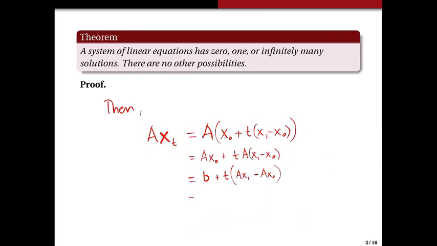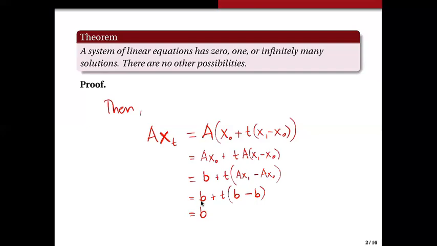But then again, you will have b plus t. And then in here, A x sub 1, that's also b, minus A x sub 0, that's again b. B minus b, this is equal to 0. 0 times t, that's again the 0 vector. And therefore, we will just have here b.